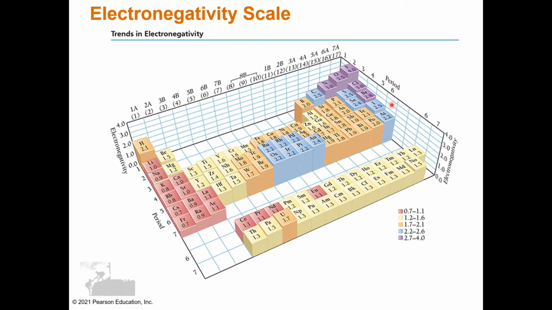The electronegativity values that I would memorize would be that of fluorine, because it has the highest, francium, because it has the lowest, and hydrogen, because it seems to be the oddball here in the first column. So again, to figure out if a bond is polar or not, you'd have to take these electronegativity values, subtract them, and then figure out if the bond is polar.